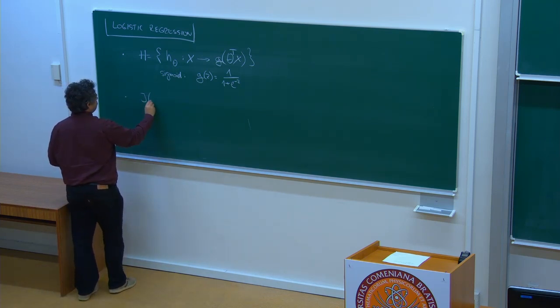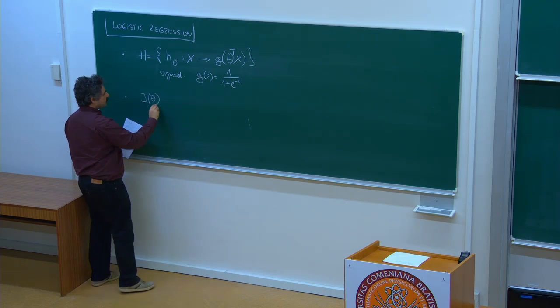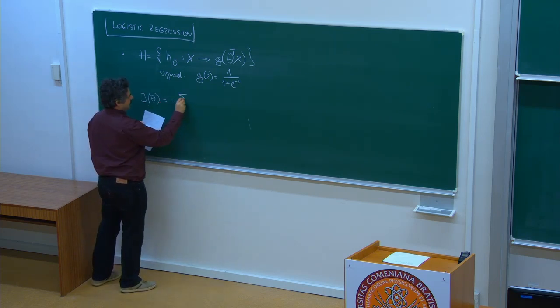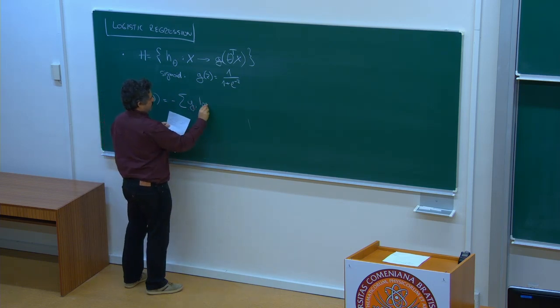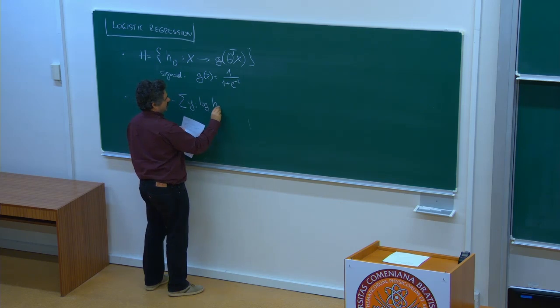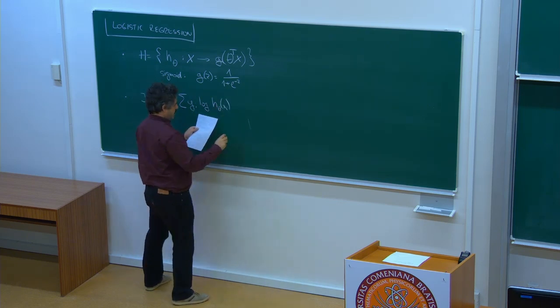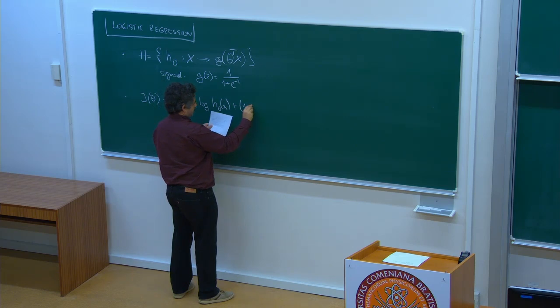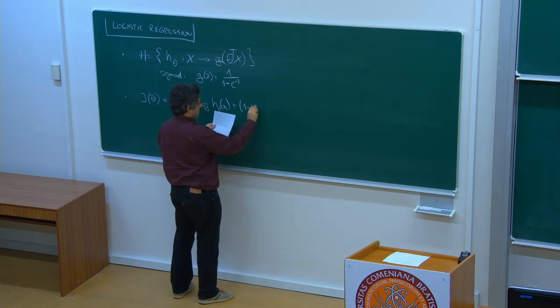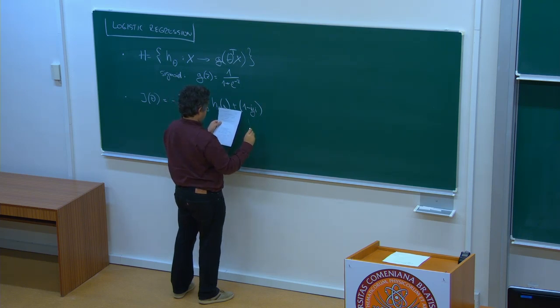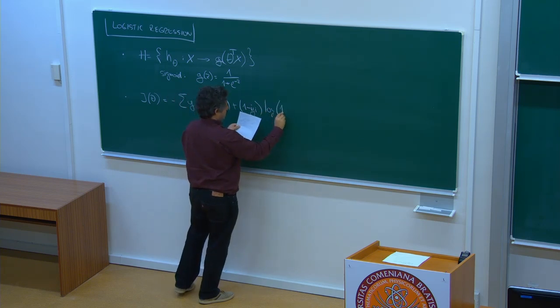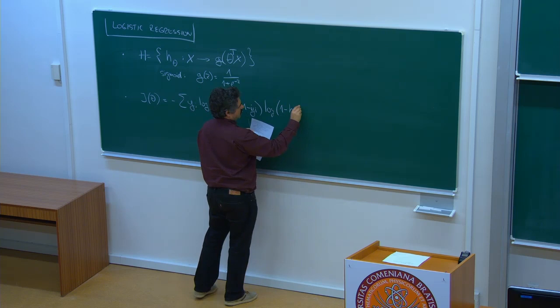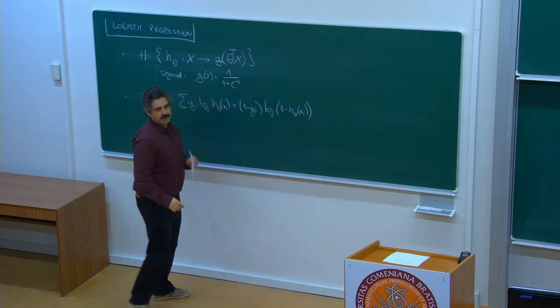So we had a function J(theta) is minus the sum of y_i times logarithm h_theta(x_i) plus (1 minus y_i) times logarithm (1 minus h_theta(x_i)). So this was the function.